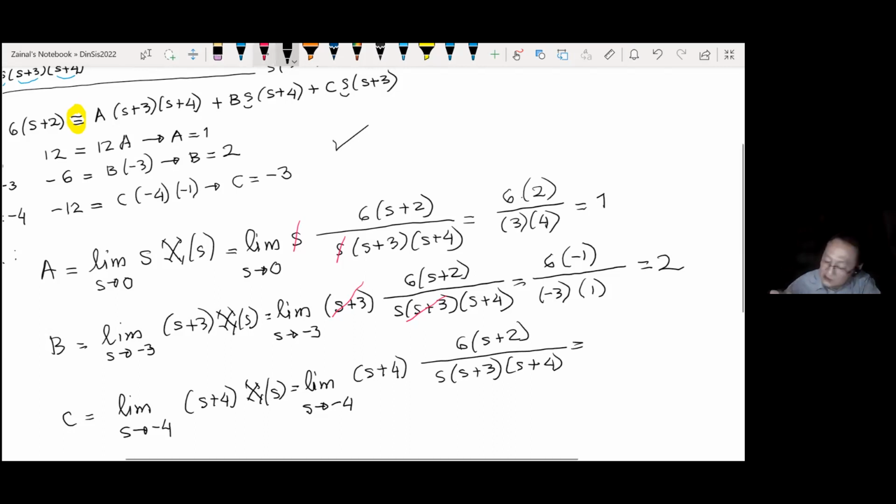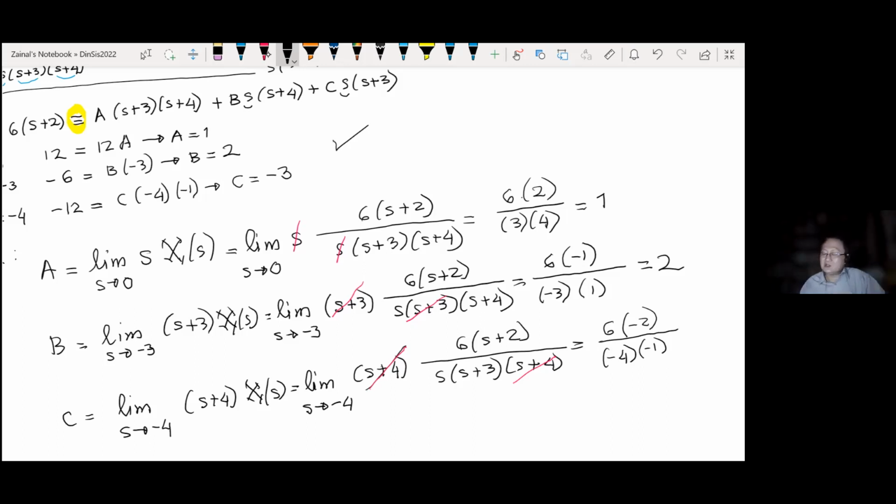So this one cancels out with this one, and you substitute s equal to minus 4. So this one is 6 multiplied by minus 2, while that one becomes minus 4 multiplied by minus 1.